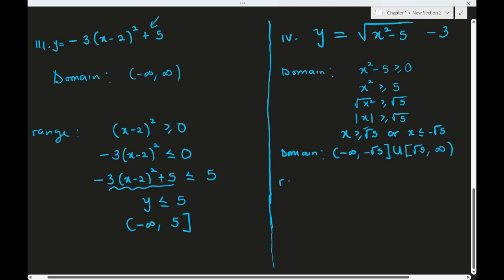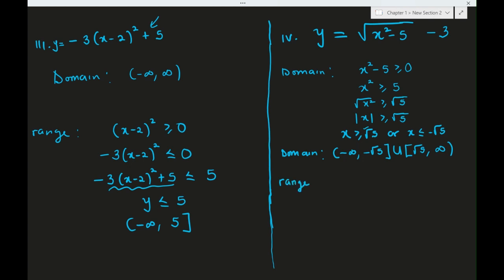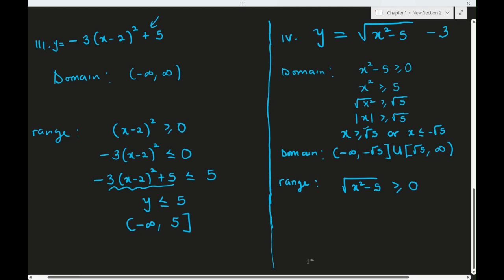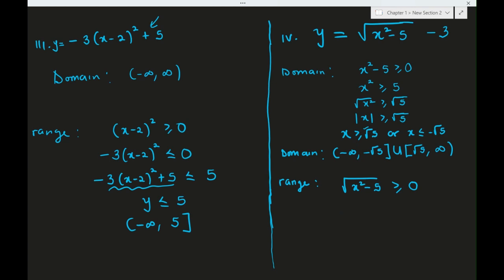Now, let's talk about the range. So for the range, what do we need to do? We use the fact that wherever you have the roots, because this is an even root, this is always greater or equal to 0. Then we can subtract 3 from both sides.